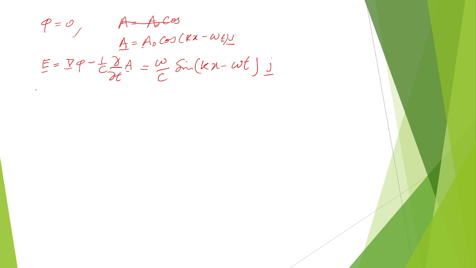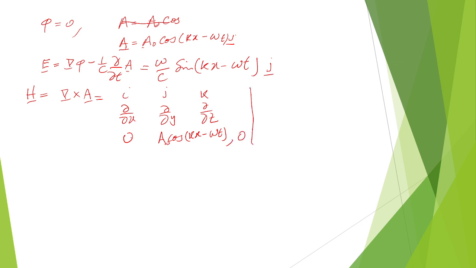So what will be the magnetic field? The magnetic field satisfies this equation, that is curl of A. So curl of A means the determinant with i, j, k, partial by partial x, partial by partial y, and partial by partial z, and A has one component which is along the y-axis, A naught cos kx minus omega t, and the other components are 0.